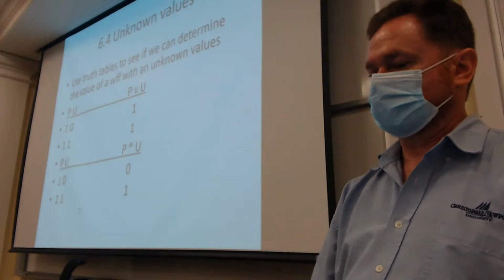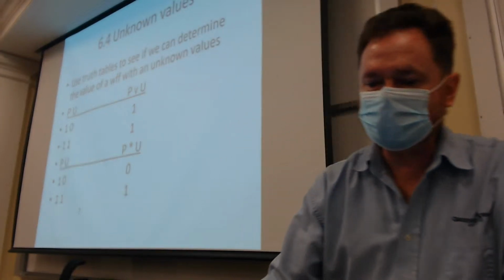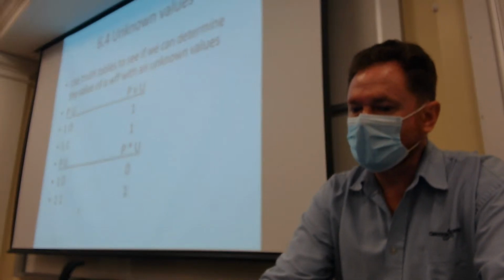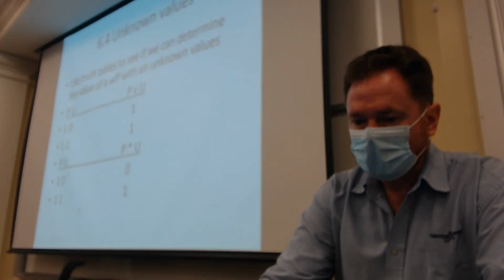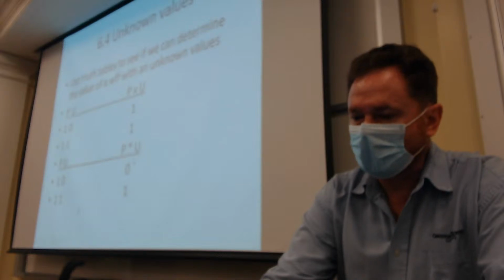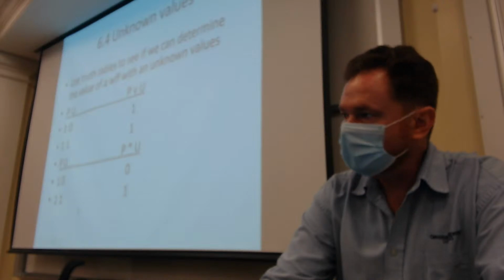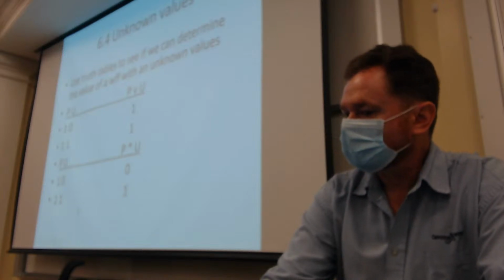In contrast, if it were an AND statement where P is true, but the unknown we don't know, on the first set of values where the unknown value is false, the AND is false. But then when we switch it and make the unknown value true, the AND is true.